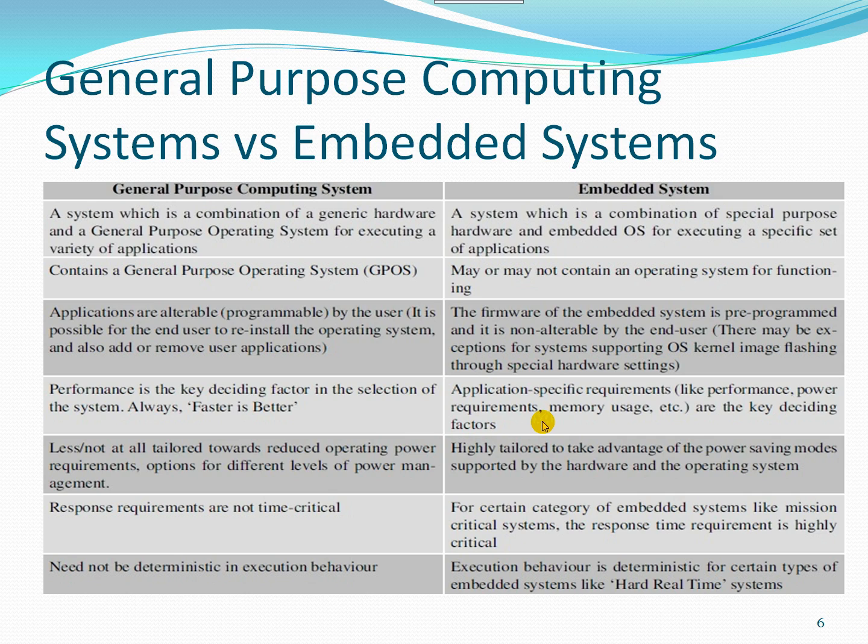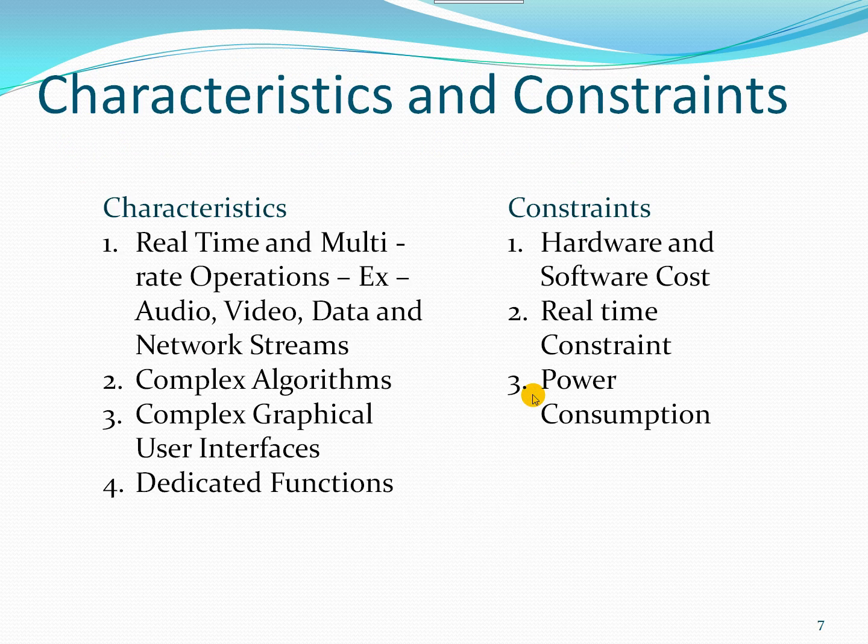That is going to be a big problem for the designer of an embedded system. He or she needs to take care of the power consumption of the system being designed. The response is going to be time critical for embedded systems, but it is not mandatory for general purpose computing. So that's all about the differences between general purpose computing and embedded systems.